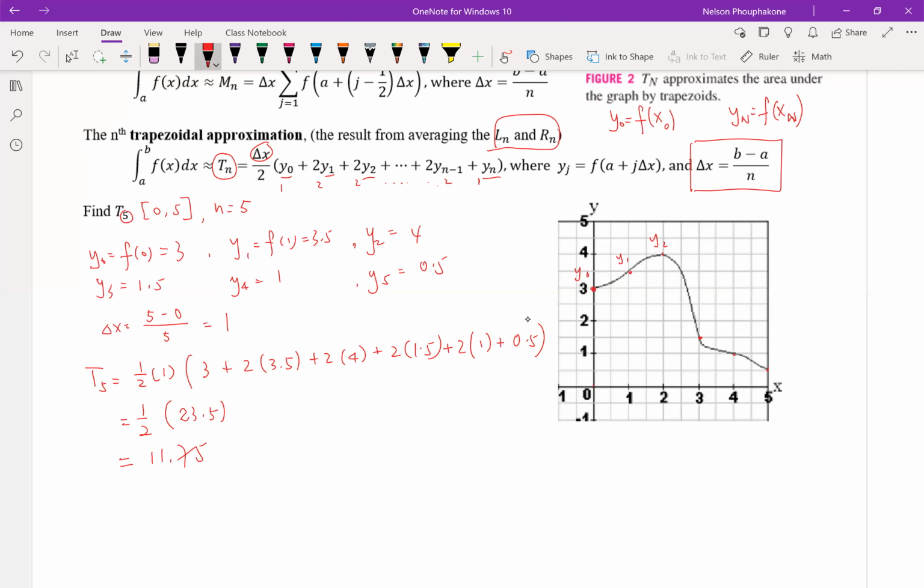We work with this, and of course, you will see that we still have some error, but the error is reduced by a lot already. This is the idea behind the trapezoidal approximation.